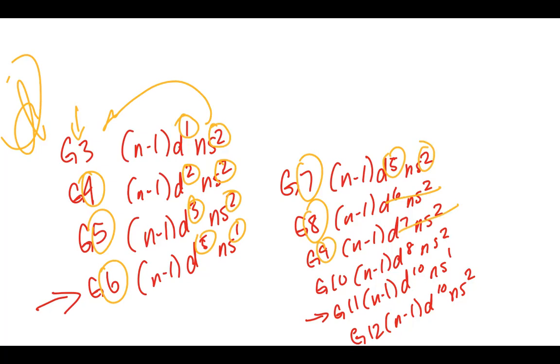So for groups 3 through 12, if you add the number of electrons in the d and the s, you get the group number. A simple test: if an element has the configuration 5d6 6s2, what group is it in? All you have to do is add 6 and 2 and say it's in group 8. Easy peasy.